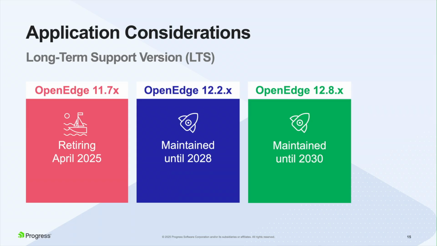So as you may or may not be aware, OpenEdge 11.7 is now in retirement. OpenEdge 12.2, which is the old long-term release, is available until 2028. And then the latest long-term release is OpenEdge 12.8.